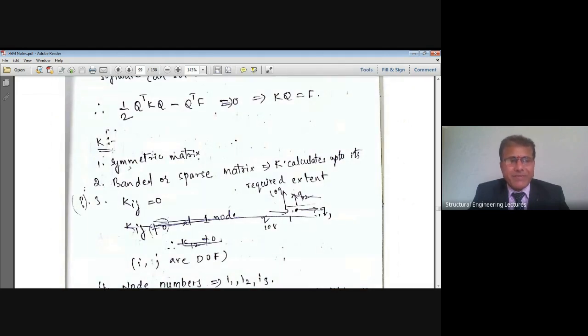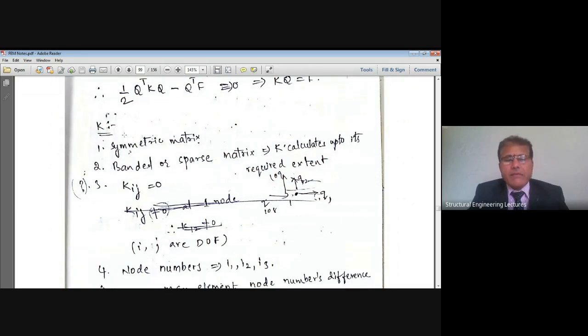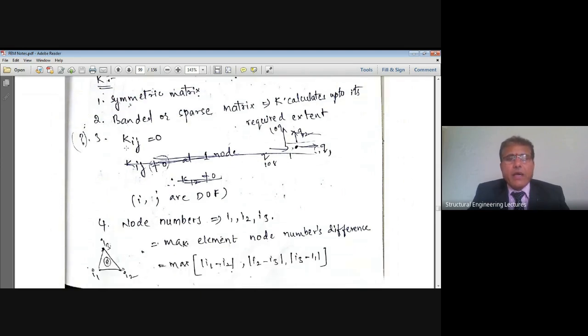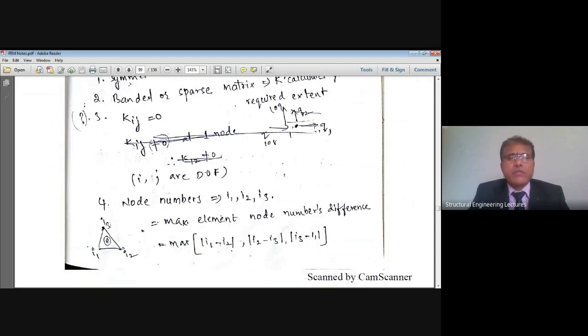Then let us see the properties of this stiffness matrix K. We know that the K matrix is a symmetric matrix, right? Which means Kij is equal to Kji. It can also be written in a banded or sparse form, so that we can minimize the memory allocation, using good node numbering.